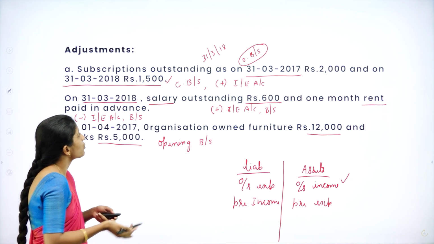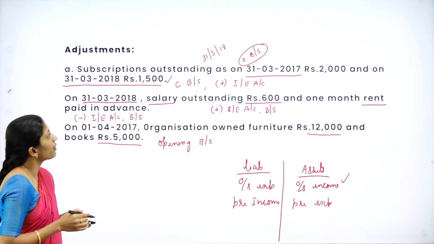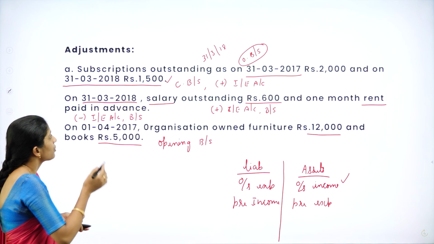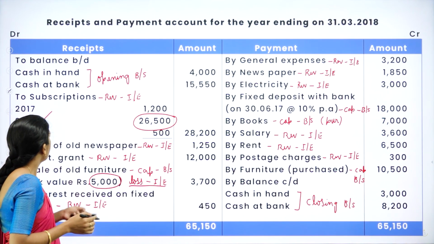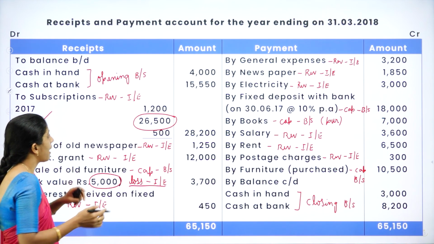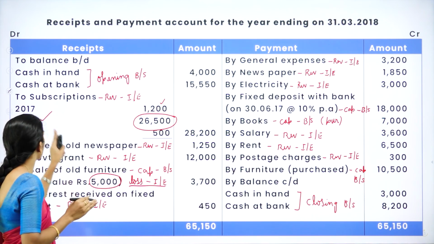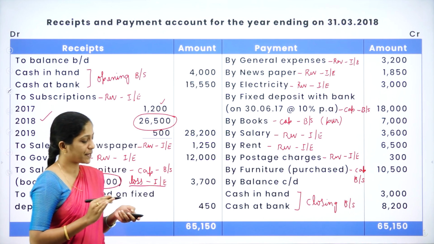So subscription outstanding on 31st March 2017. So how we are going to record this? So already we have a subscription. That is outstanding subscription 2,000. But see here, for 2017 they have given 1,200. So 2,000 minus 1,200 is 2017's outstanding subscription.